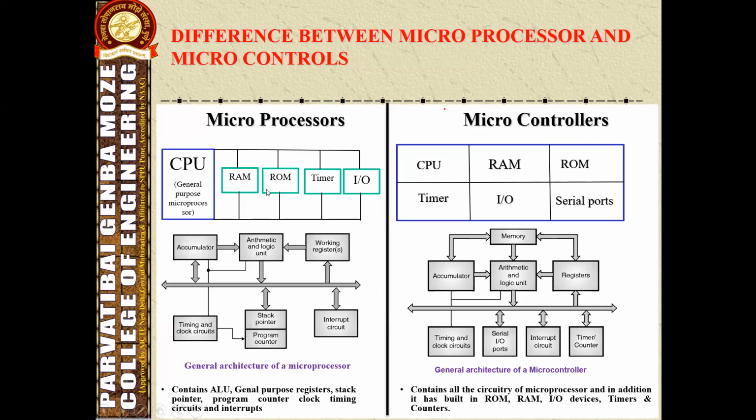So let's see the difference between microprocessor and microcontroller. First of all, we will see the difference by using the figure. Here is the microprocessor architecture. The microprocessor itself has a CPU. The CPU consists of the accumulator, arithmetic and logic unit, working register, interrupt circuits, stack pointer, program counter, and timing and clock circuits.